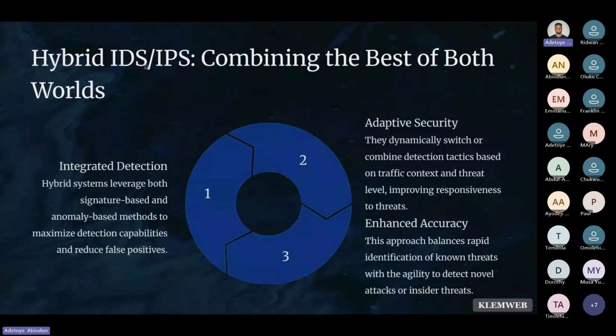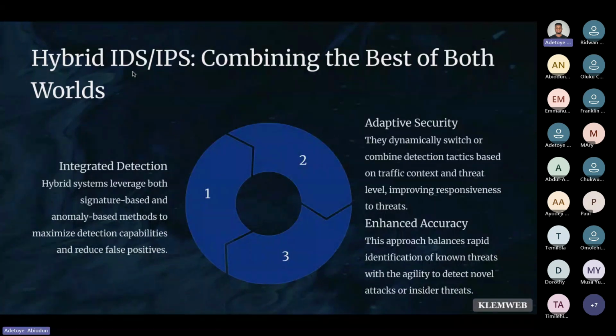Yeah, the hybrid IDS and IPS, like the combination of the two now. So now, integrated detection. Hybrid systems leverage both signature-based and anomaly-based methods to maximize detection capabilities and reduce false positives.